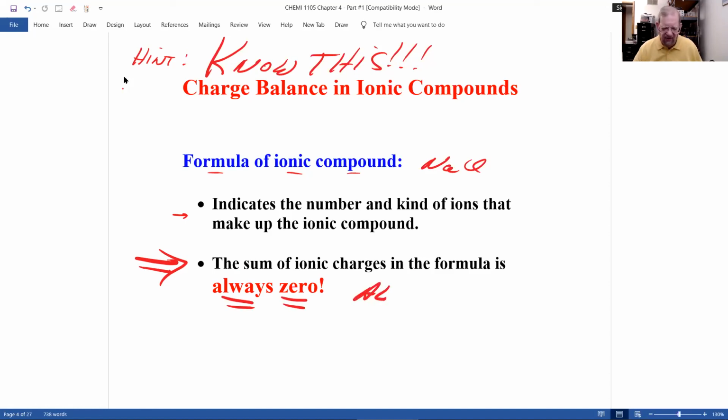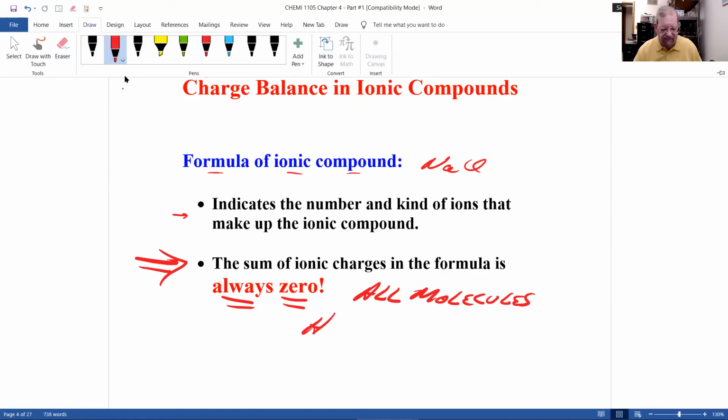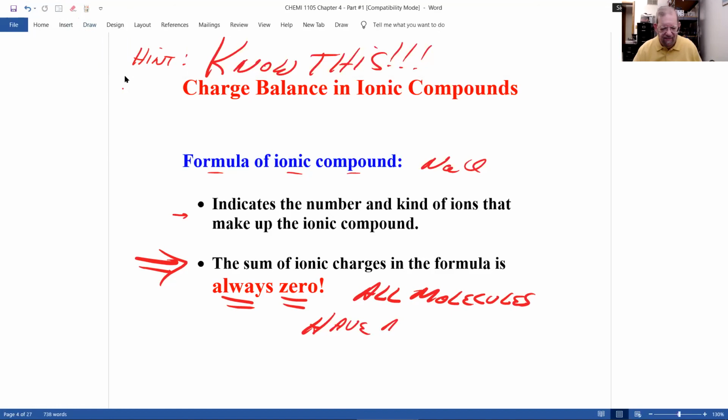Another way of putting it is all molecules, let's spell it right. All molecules, and this is very important.